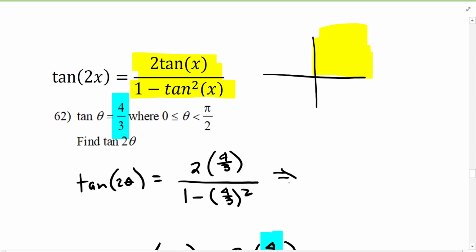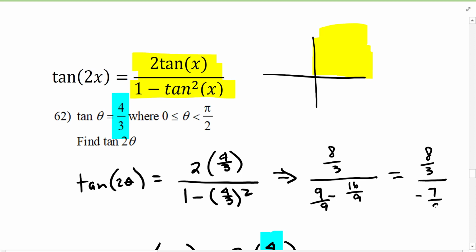And then you're going to need to simplify this. 2 times 4/3 is 8/3 over 1 subtract 4 squared is 16, 3 squared is 9. 1 is the same thing as 9 over 9. 8 over 3. 9 subtract 16, we have negative 7 over 9.